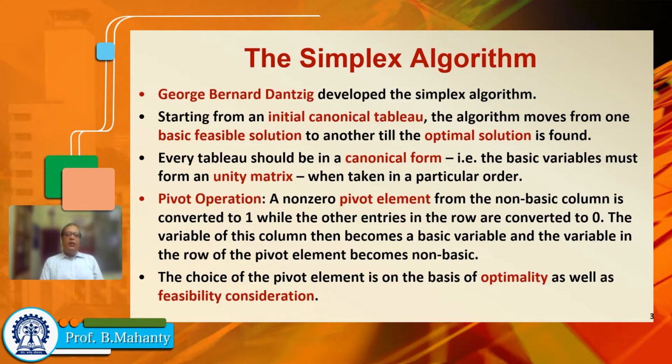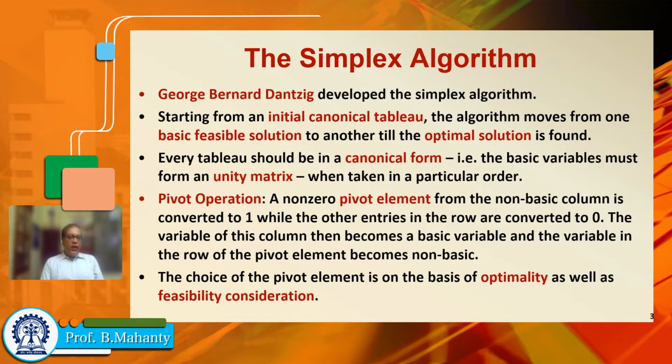That means if one variable is there only in the first equation, another variable will be there in the second, and another variable will be there in the third only. So that is called the canonical form, and every tableau should be in a canonical form in the sense that basic variables must form a unity matrix.